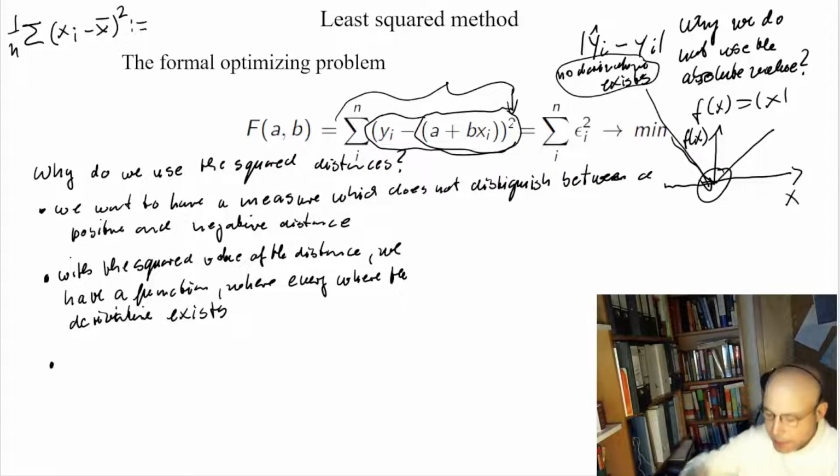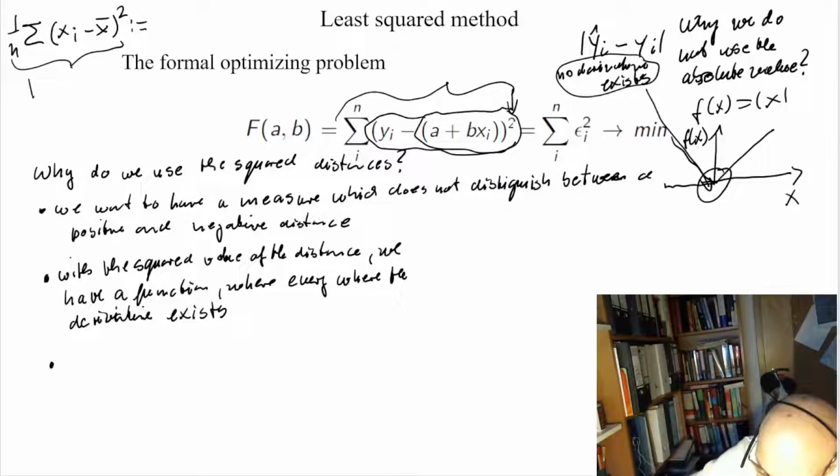X bar is the average, and the squared distances are, well, of course our variance.